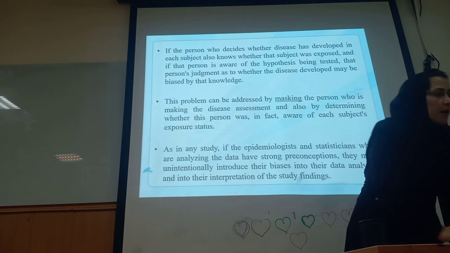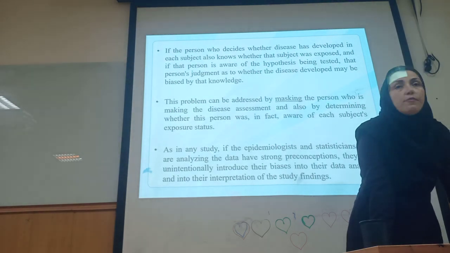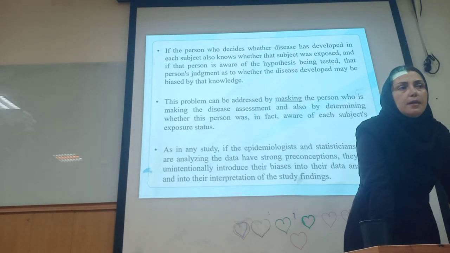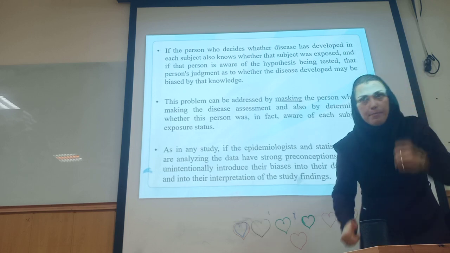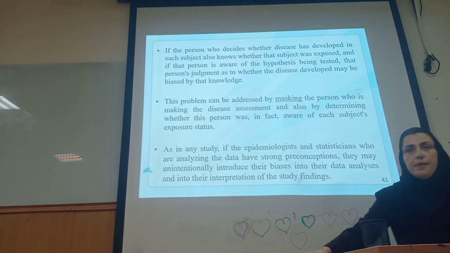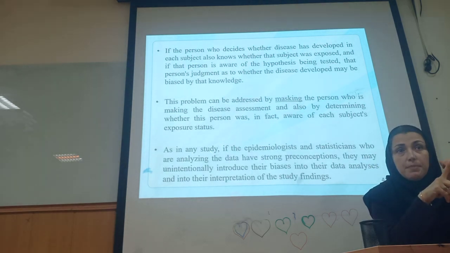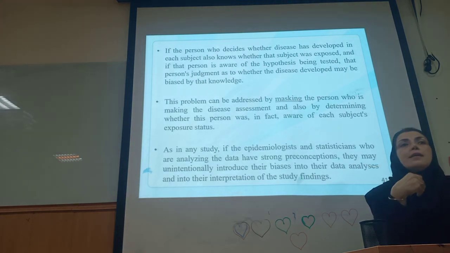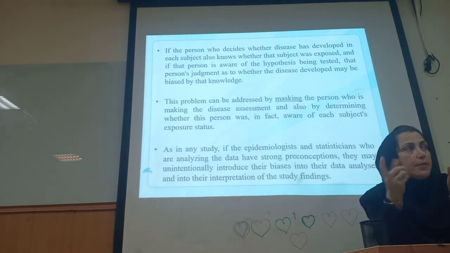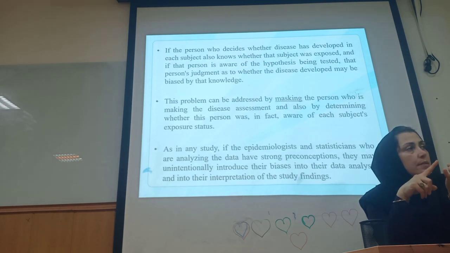So, if I want to summarize the advantages of cohort study, what are the advantages? Please name. Actually, temporality. Temporality, it means that the sign of causality is more clear. Yes? The other advantages?